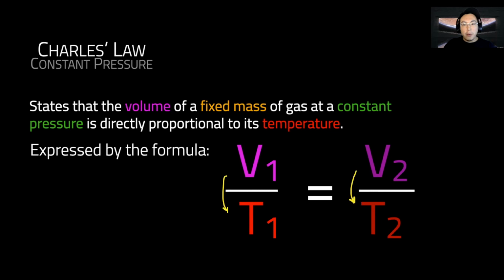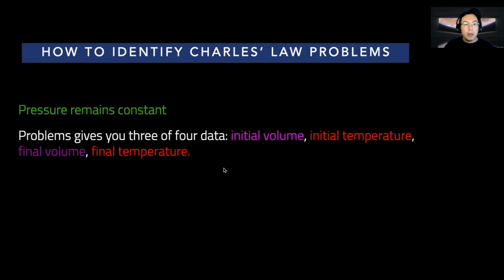So same as before, we will have an initial volume and a final volume represented by 1 and 2, and an initial temperature and a final temperature represented by 1 and 2 respectively. In this sense, pressure remains constant, or they are just telling you atmospheric pressure, or just telling you a number and saying that the conditions remained after an X amount of time, or something that indicates that it didn't change.